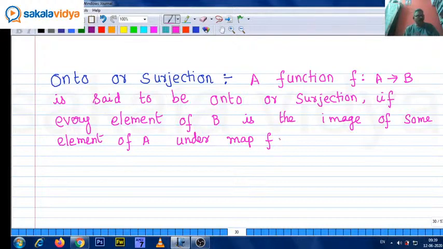So that means no element is left in the codomain.